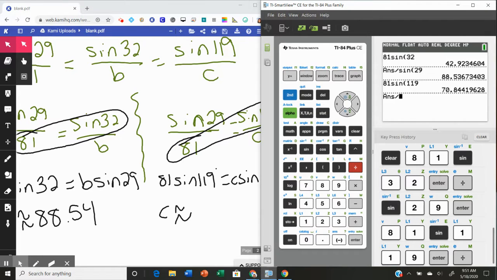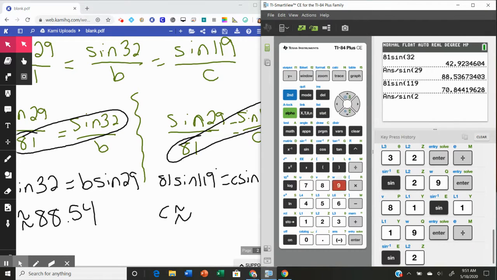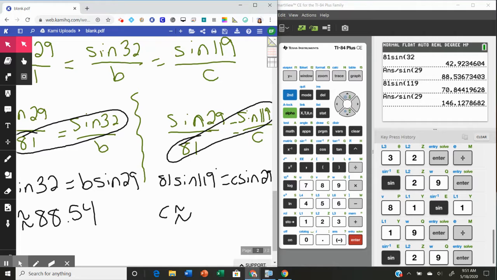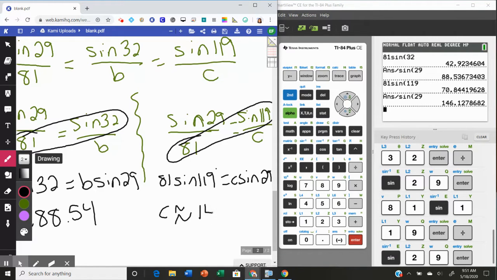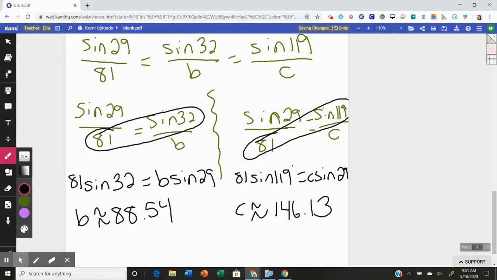So that's about 146.13. The problem is technically done at this point, but I like to do a little bit of a check at the end. It's worth it.